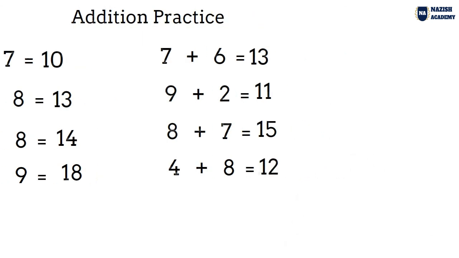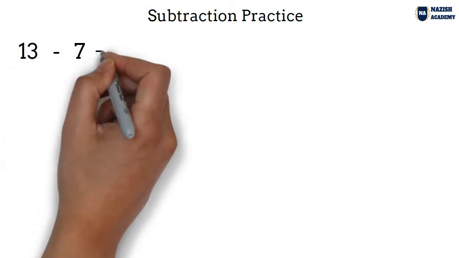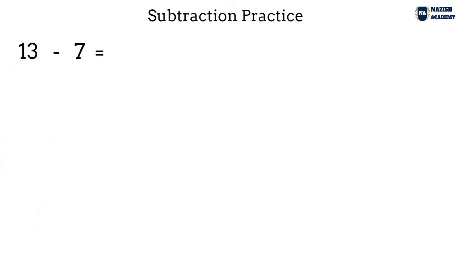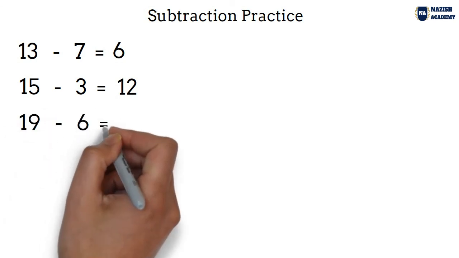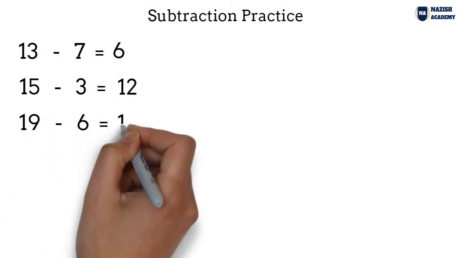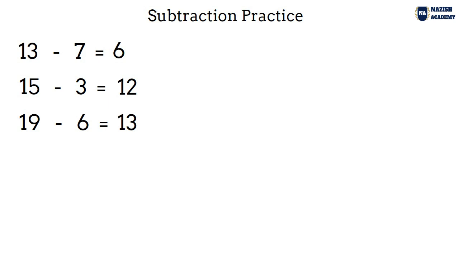Good. Subtraction practice. We have to practice subtraction. 13 minus 7 is equal to 6. 15 minus 3 is equal to 12. 19 minus 6 is equal to 13. 17 minus 4 is equal to 13.